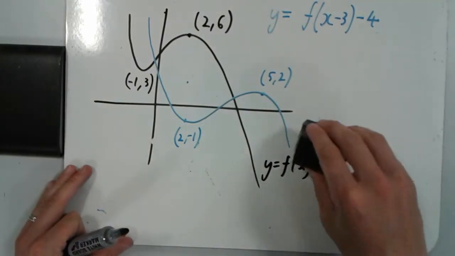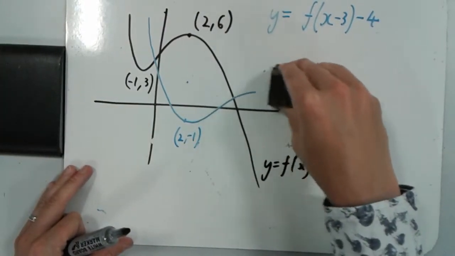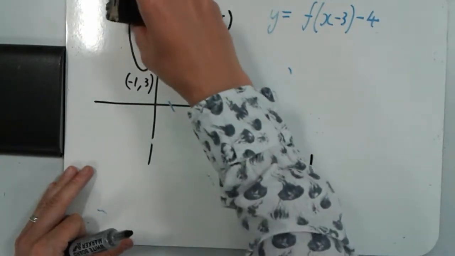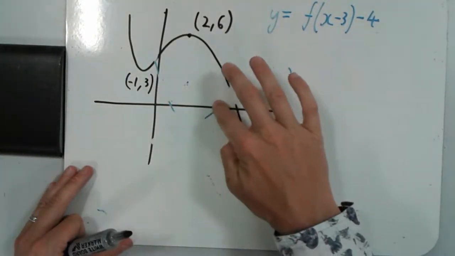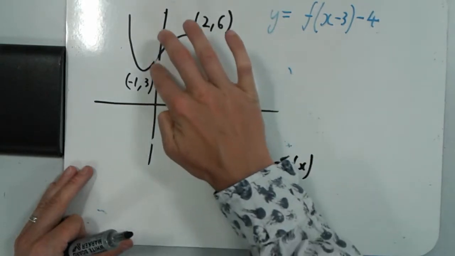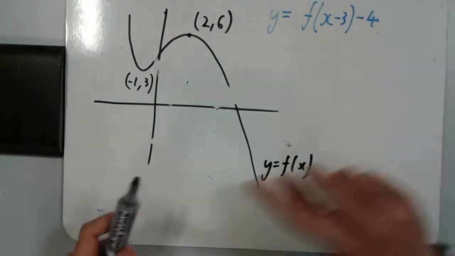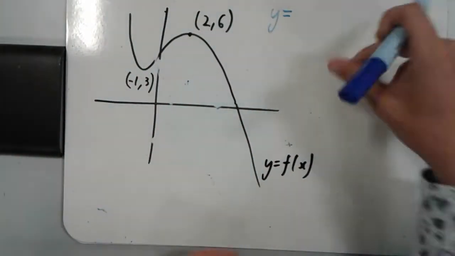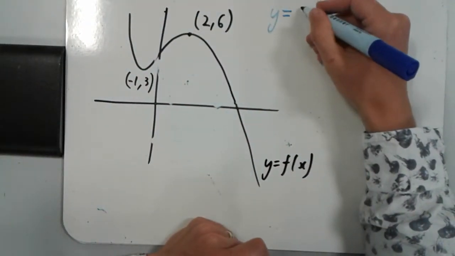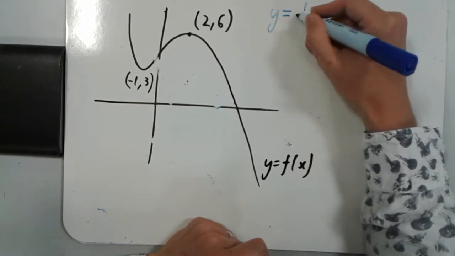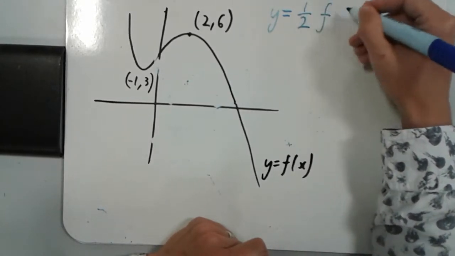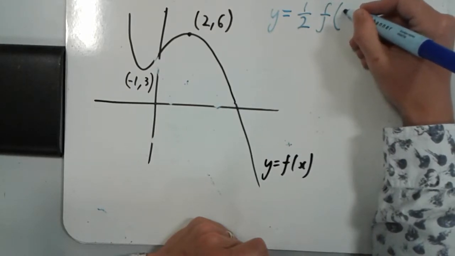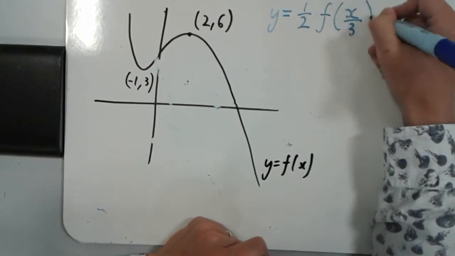One final transformation, we'll just get rid of this transformed graph quickly. There we go. And we'll just have a look at a slightly different transformation. So let's this time go for a half of f of, let's say, x over 3.